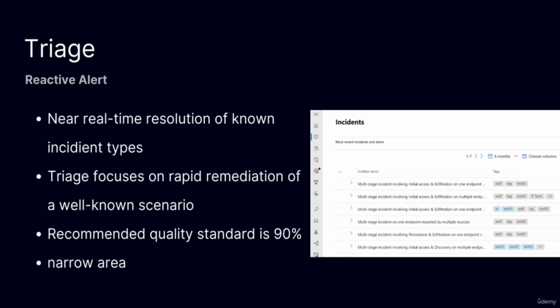In the triage state, this is basically a reaction to an alert. For the most part, you'll have a near real-time resolution for known incident types. Triage focuses on rapid remediation of a well-known scenario, and you want to make sure that it is dealt with and closed 90% of the time, and it deals with a very focused area.